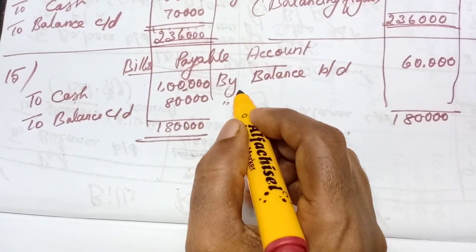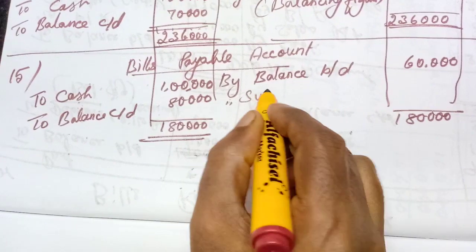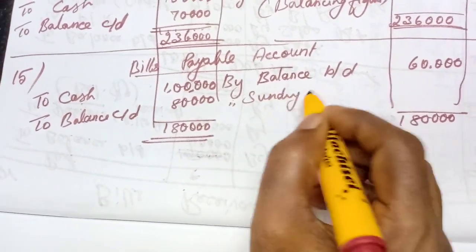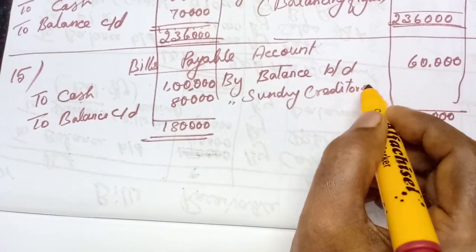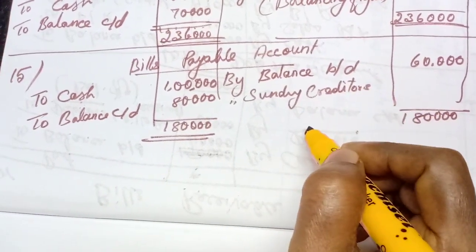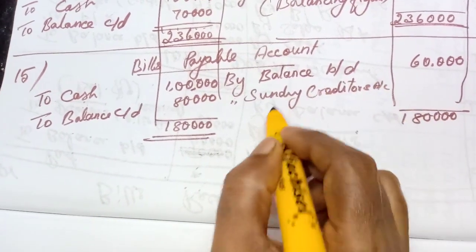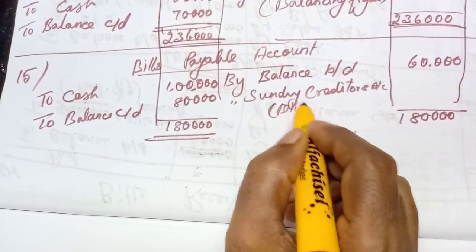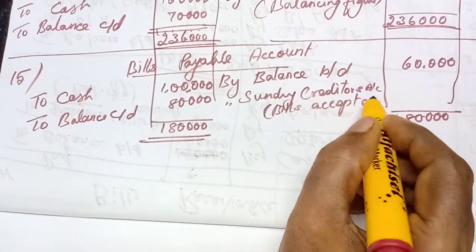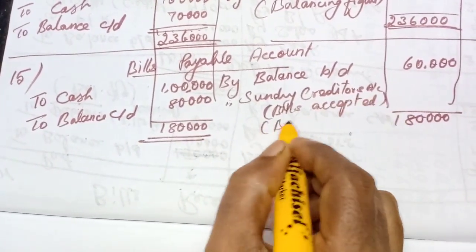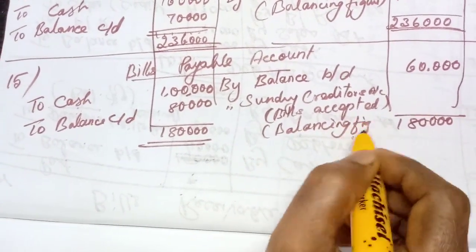What is the entry? Sundry creditors account debtor to bills payable. So we have to write sundry creditors account. This transaction will be entered in the creditors account. So sundry creditors account, in bracket you can write bills accepted. This is the balancing figure.